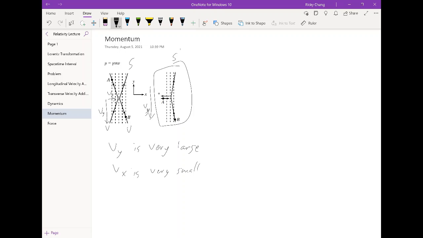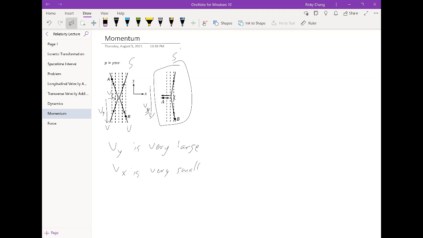Okay. So then let's look at how momentum could be conserved in this scenario.